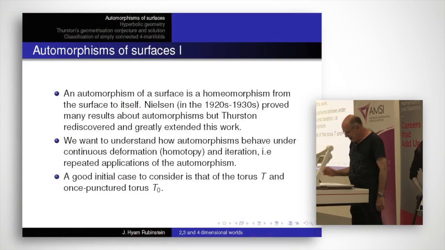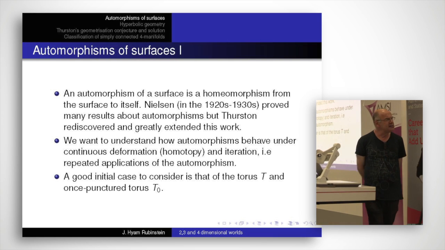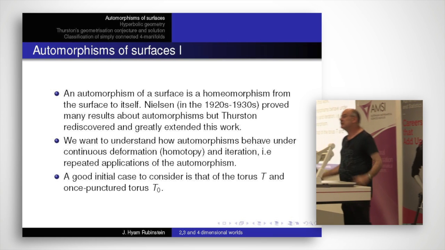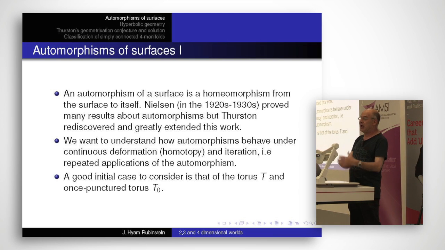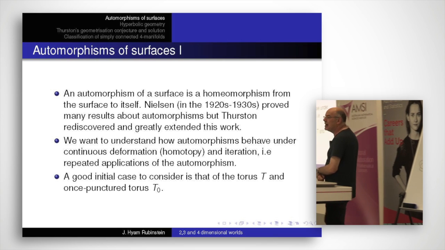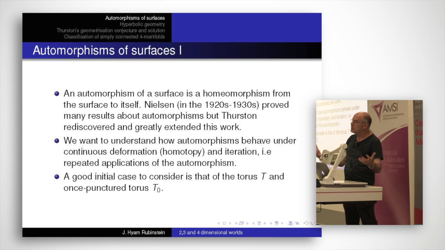Okay, so automorphisms of surfaces. This is a remarkable topic. What we're interested in is symmetries of surfaces. So the theory of surfaces, I've pretty much told you most of what you need to know about how surfaces look and how you classify them. So what we want to know is what about symmetries of them.